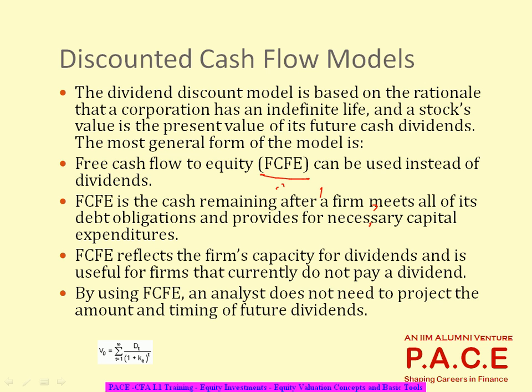Whether it pays it or retains it, what is the cash that is available with the company to pay to its equity investors? How much cash is really available with the company this year? Whether it pays in the form of dividend or retains it, it's a separate issue.